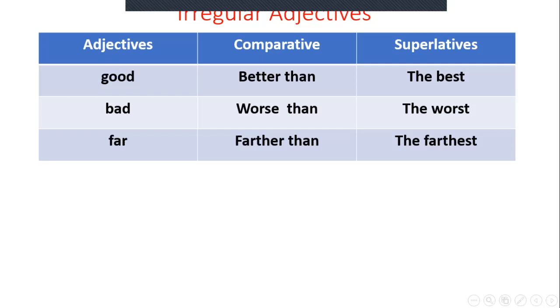Also the adjective bad will be worse than or the worst. We use worse than to make comparative, but we use the worst to make superlative. Far, farther than, or the farthest. Here also we use farther than to make comparative, and we use the farthest to make superlative.